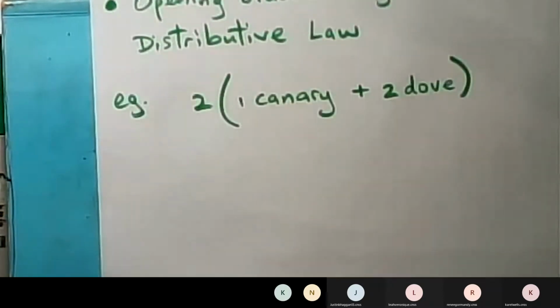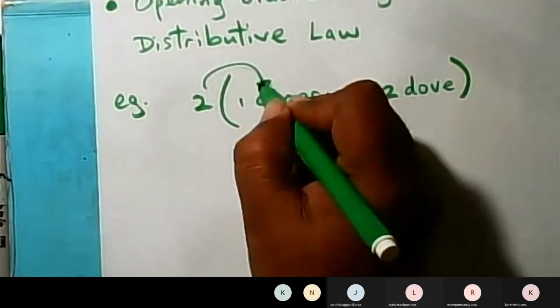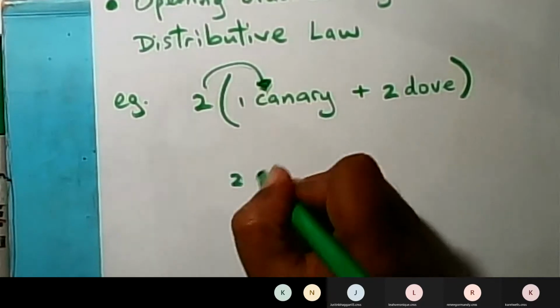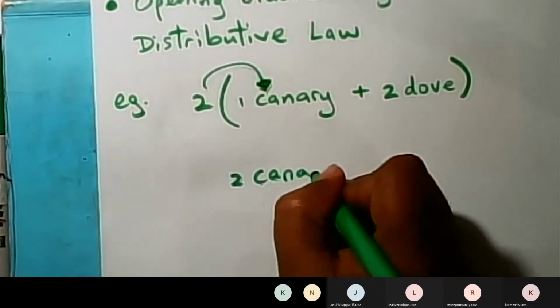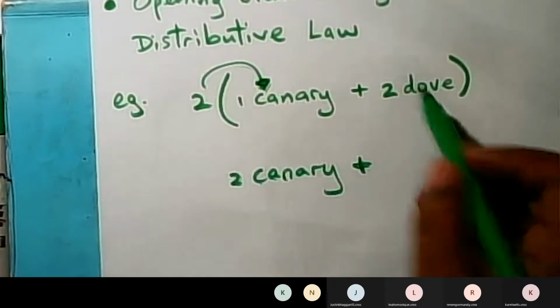So if I was to go in a room, lock up all the windows and the doors, and open the cages so that all the birds could just fly freely in the room, how many canaries do I have flying in the room? I have two of those, so I have now two canary flying in the room, and I had two doves in each cage.